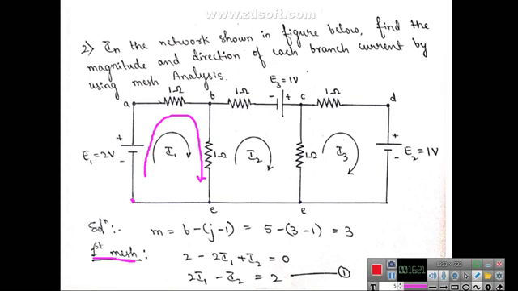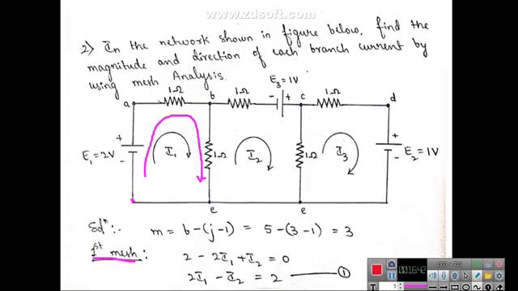Here this 1 ohm and this 1 ohm carry the current I1, and this other 1 ohm is not necessarily I1; it also carries I2, and the direction of current in it will be opposite to that of I1. So I can write the KVL equation for this mesh.